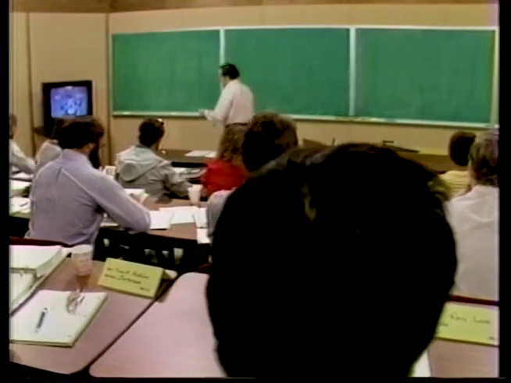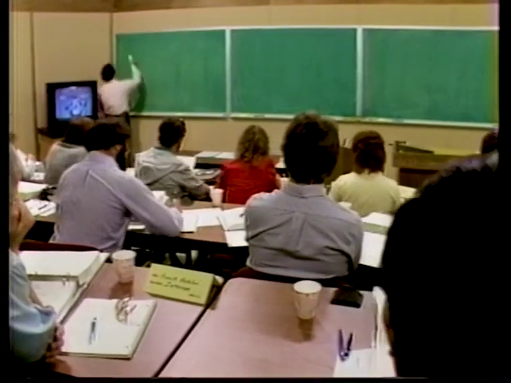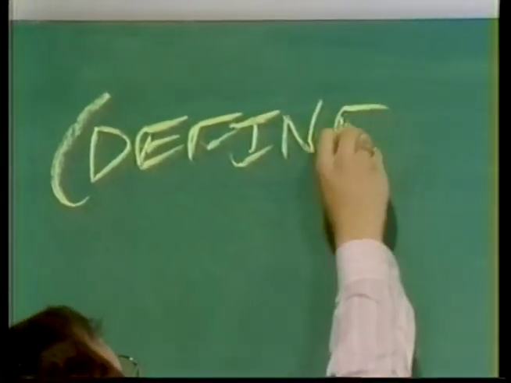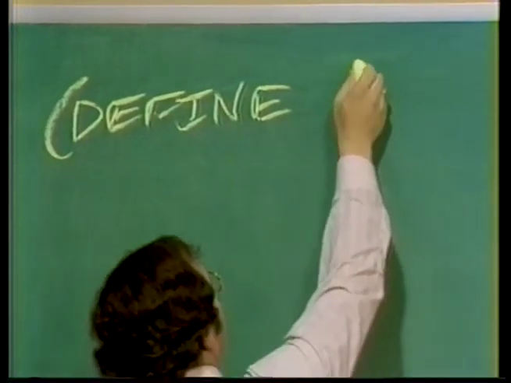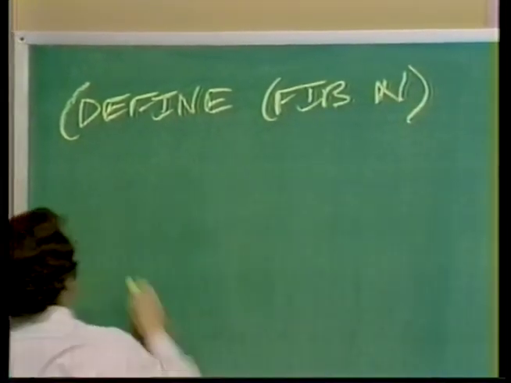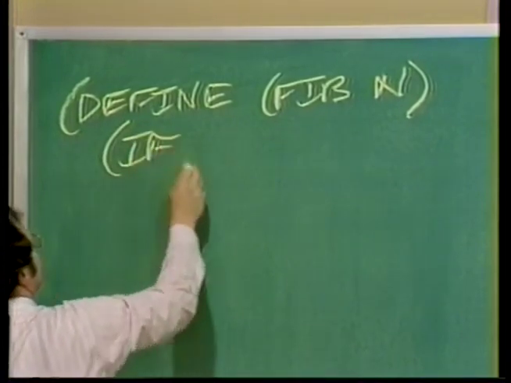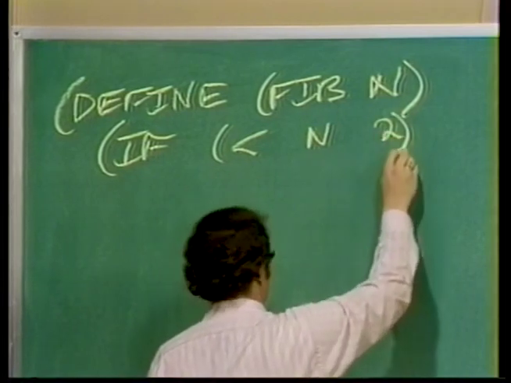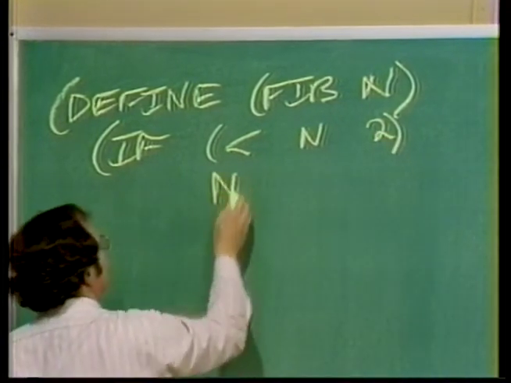So let's see. I'm just going to write down first of all the program I'm going to translate. I need the Fibonacci procedure. It's very simple, which says if n is less than 2, the result is n.